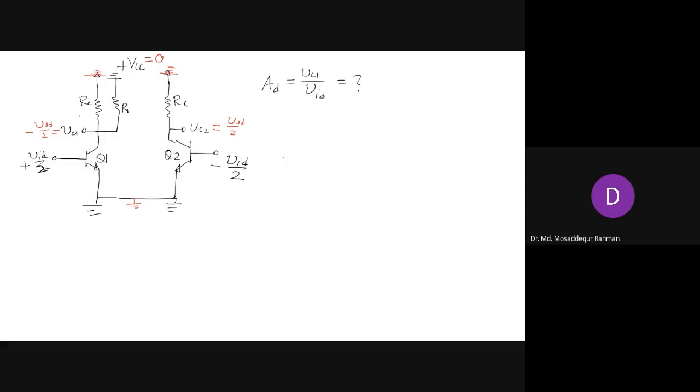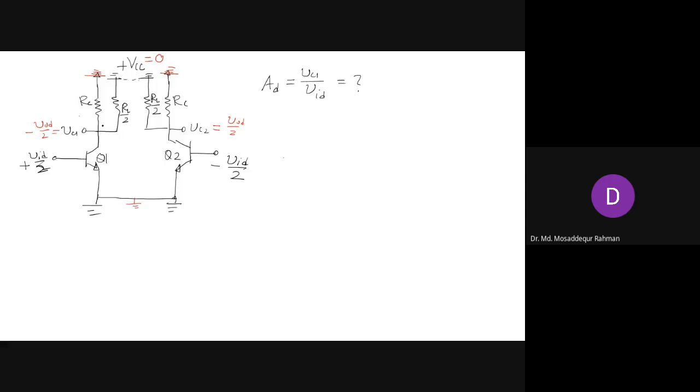We have RL by 2, and it goes to ground, and also RL by 2. That is the common point that was at 0 volt.